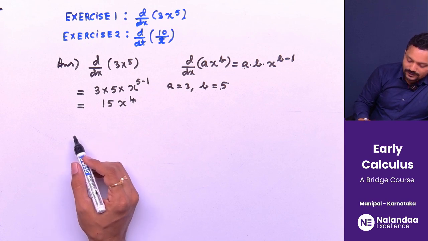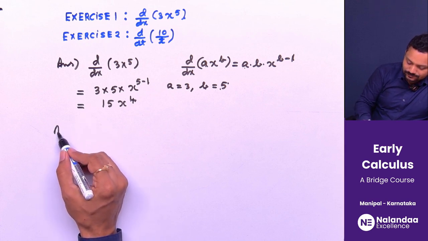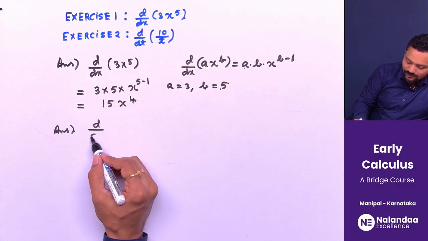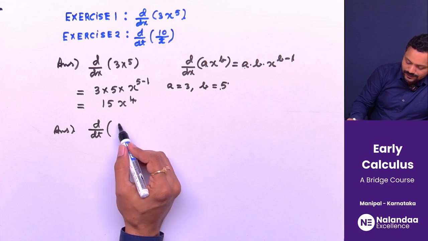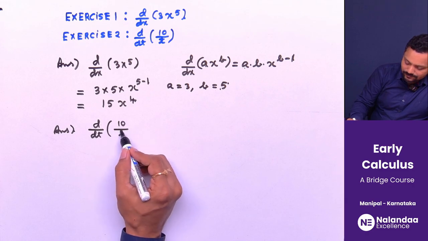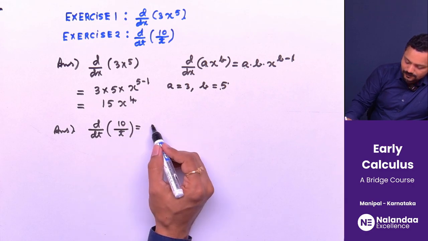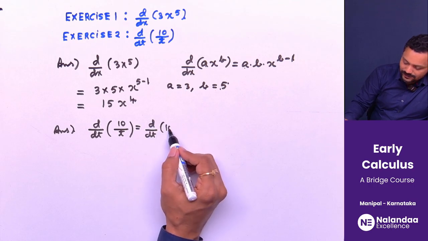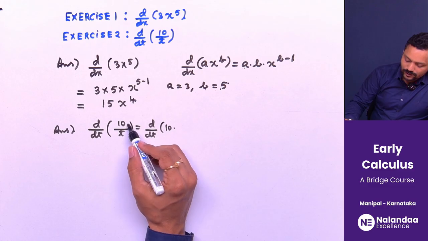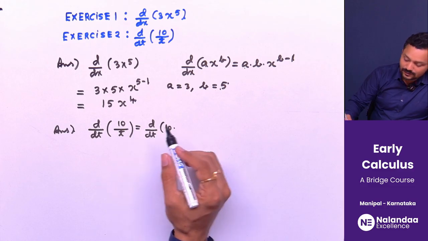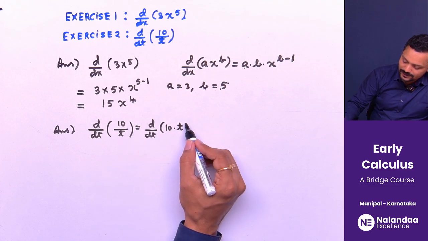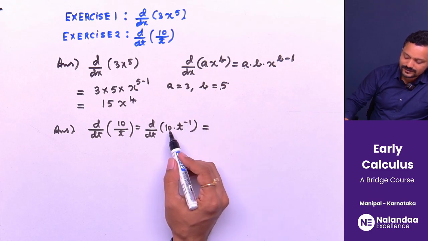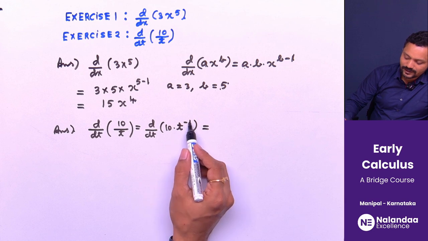Similarly, we will answer the second, d by dt of 10 by t. Now this can be written as d by dt of 10 into, according to the theory of indices, 1 by t can be written as t power minus 1. Now this is of the form a x power b.